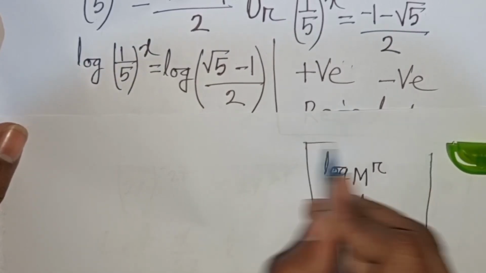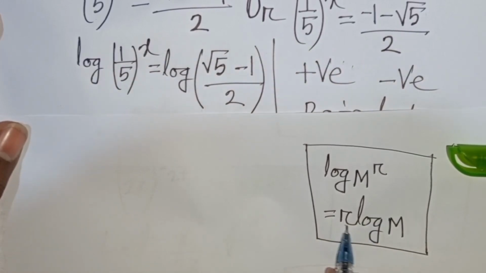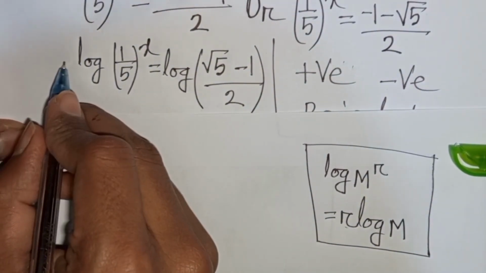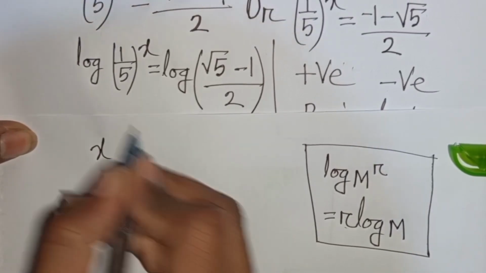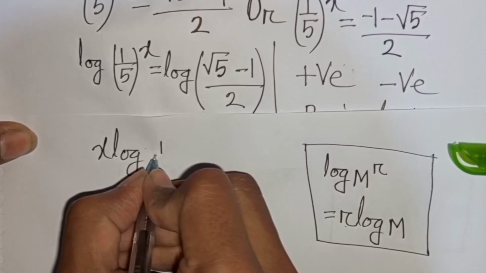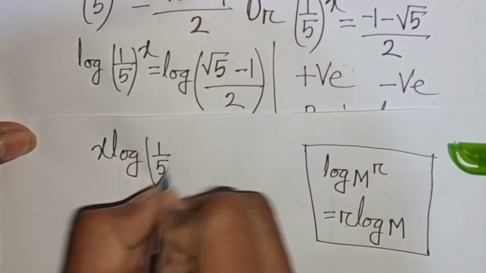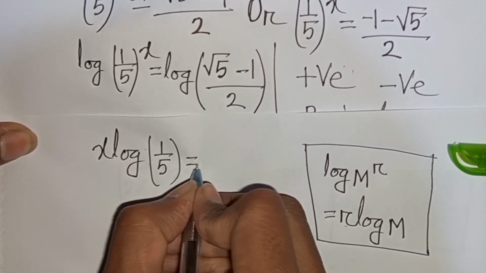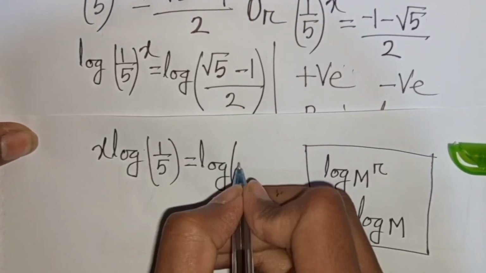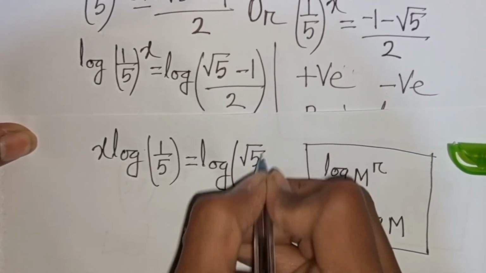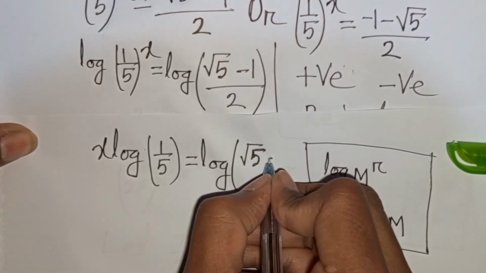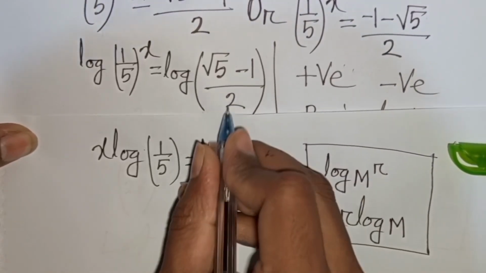That means this power r moves to the front. So according to this rule, this power x will move down. So you can write here x log 1 by 5 is equal to log of square root of 5 minus 1 over 2.